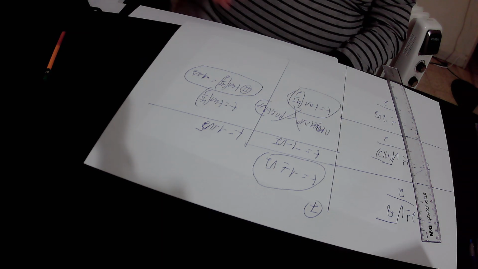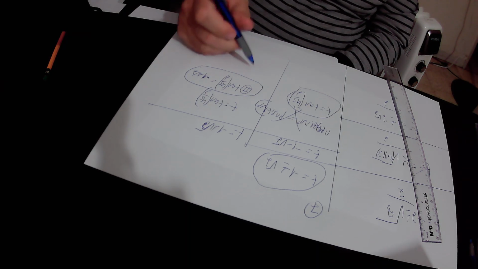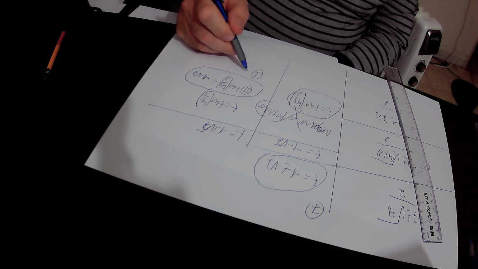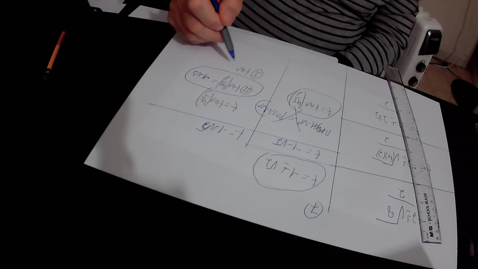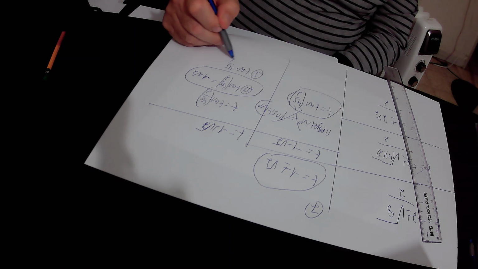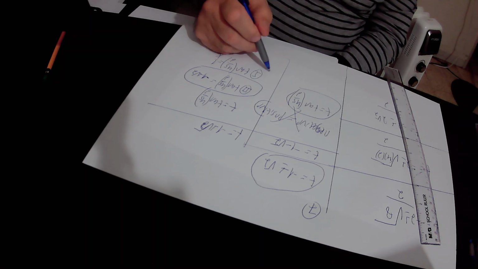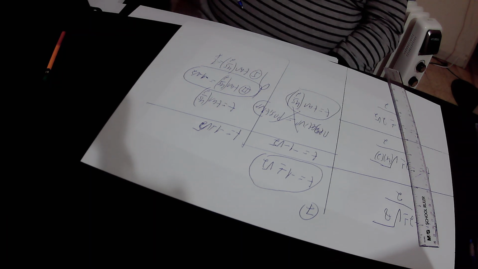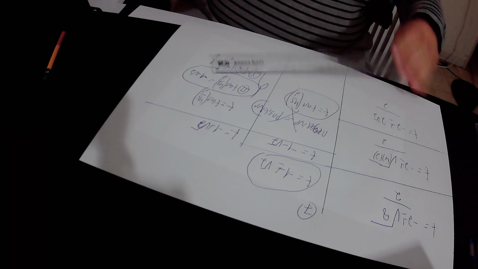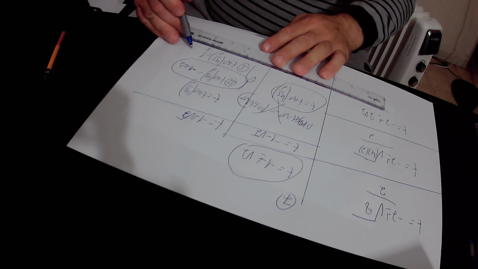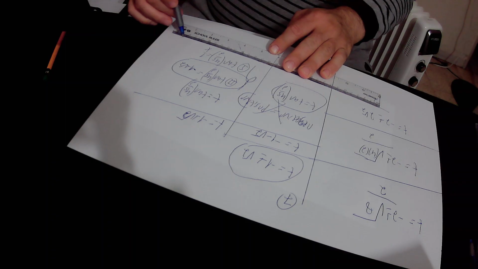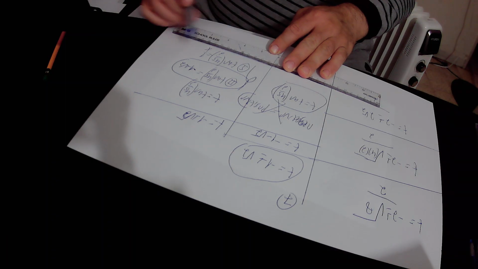According to equation number 1, we have already found out that tangent 45 over 2 degrees equals 1 over x. So here we have two equations for tangent 45 over 2 degrees.